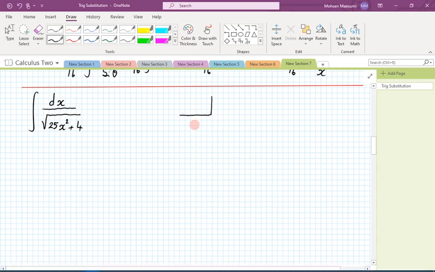Well, obviously I need to have a 2 here, so the square of it is 4. I need to have 5x here, so the square of it is 25x squared, and then the hypotenuse will be exactly what I'm after. So that's going to be the radical of 25x squared plus 4.